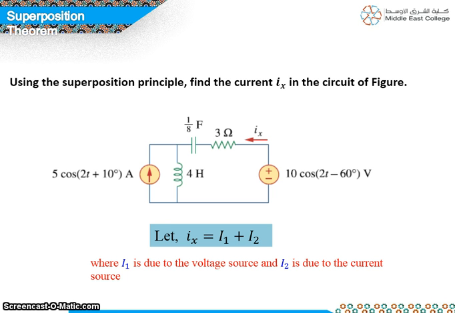So the actual current Ix will be the sum of the current I1 and the current I2. We are going to find these two currents I1 and I2, then Ix. Before that, our circuit should be in the frequency domain. It means the values should be in ohms for the elements and the sources should be in polar form.